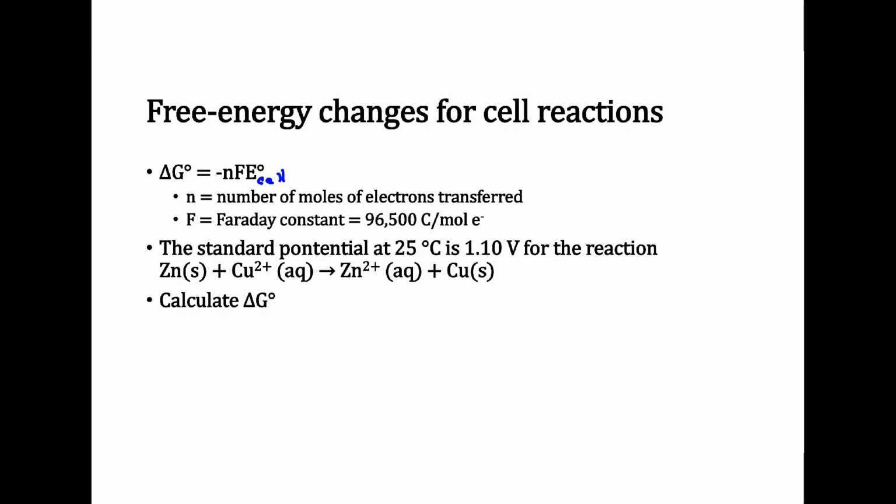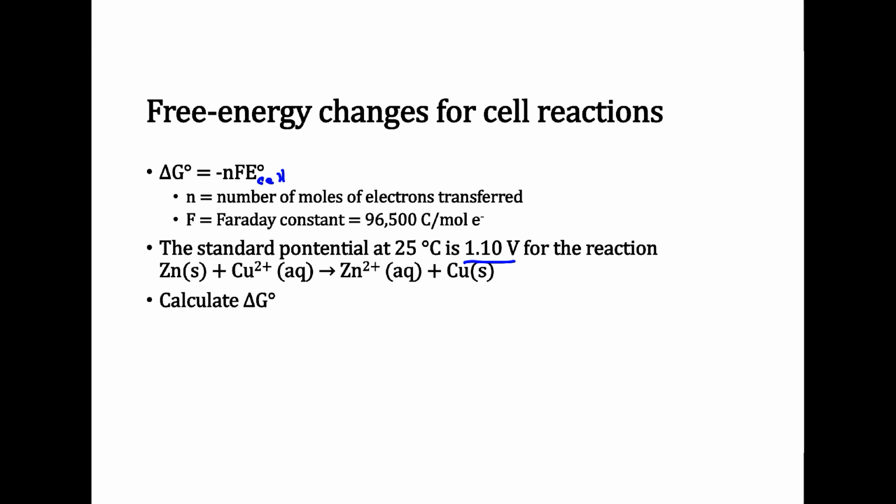Here's an example of a problem. The standard potential at 25 degrees Celsius is 1.10 volts for this reaction, our favorite reaction: zinc plus copper 2+ ion yields zinc 2+ ion plus copper. If we want to calculate delta G, we can plug in. We know what n is, because n is the number of electrons.